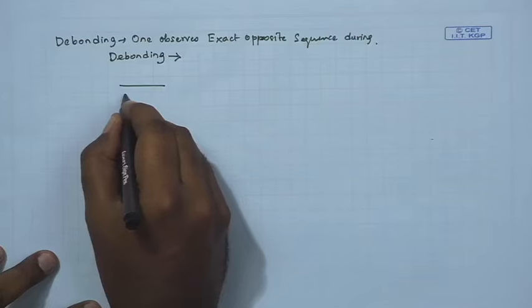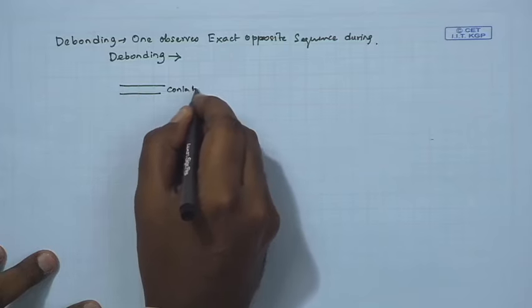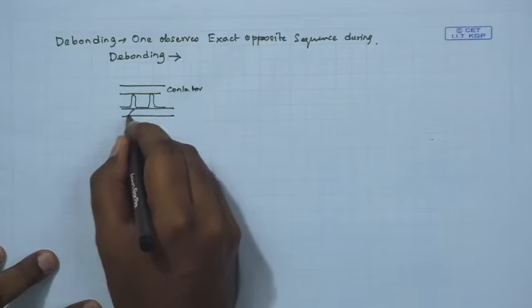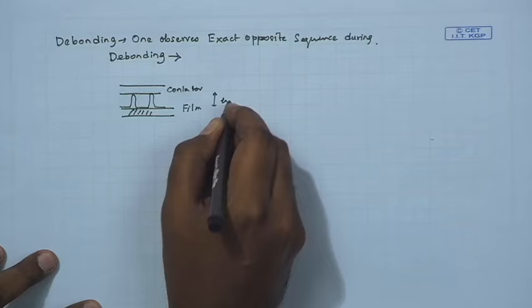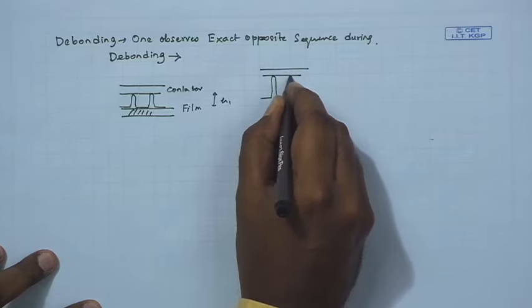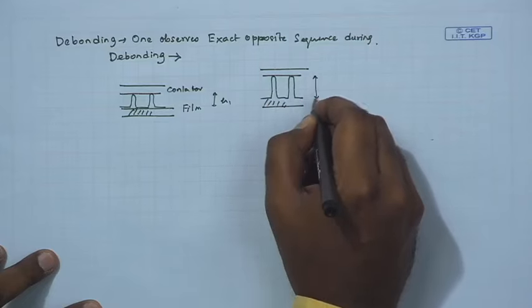So, the separation distance at which the two come in contact, if this is the contactor and this is the film where the first contact is established, during debonding one observes that the films are stretched before they snap off.